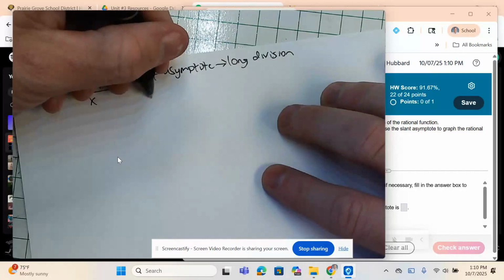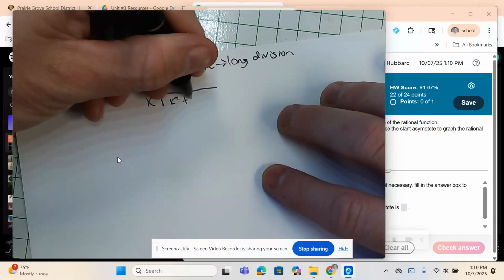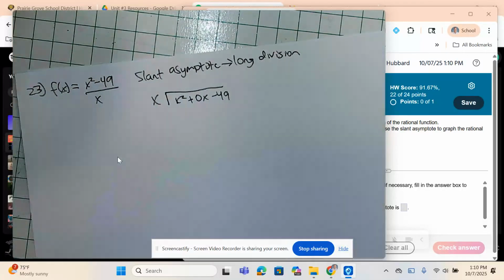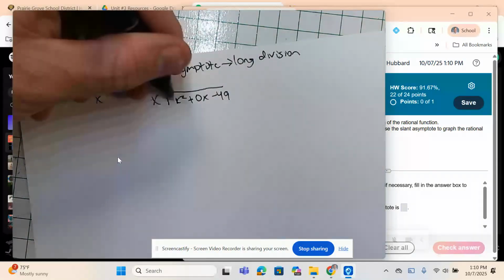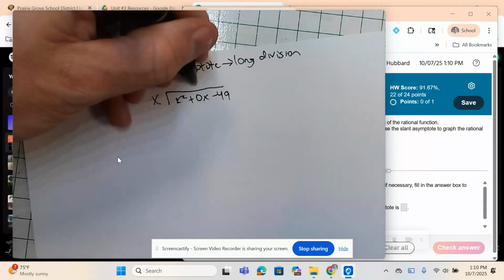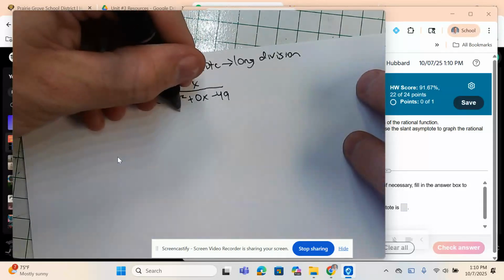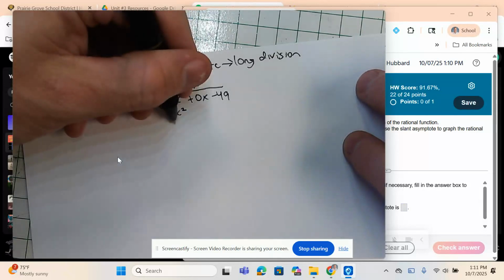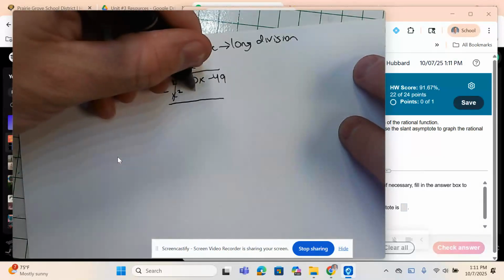So I'm going to do x divided by x squared. I'm going to put plus 0x minus 49 because there's no x there. So how many times does x go into x squared? X times what gives you x squared? X. So you're going to do x times x, which is x squared. Subtract it, cancels.